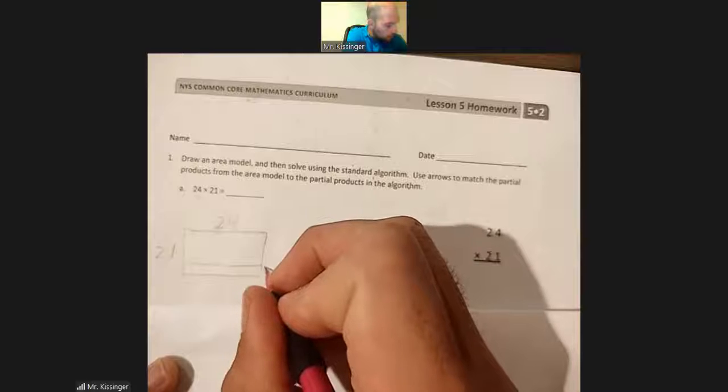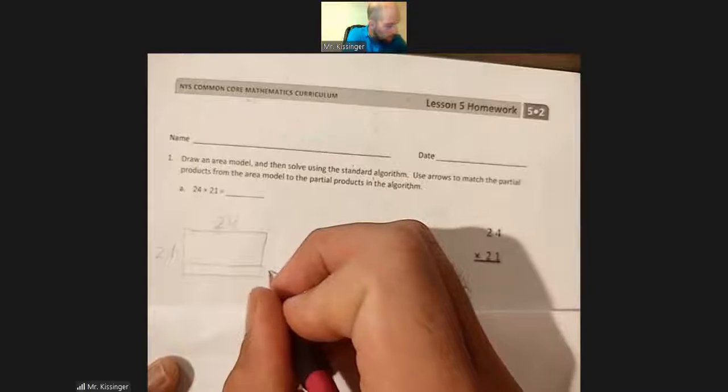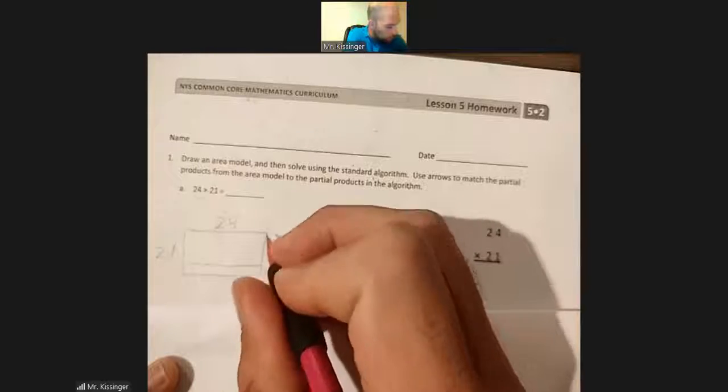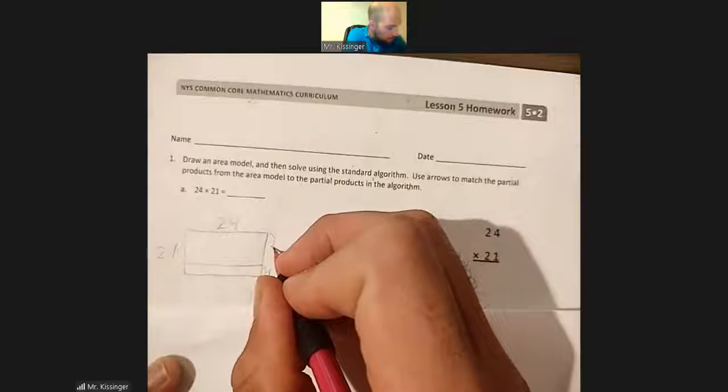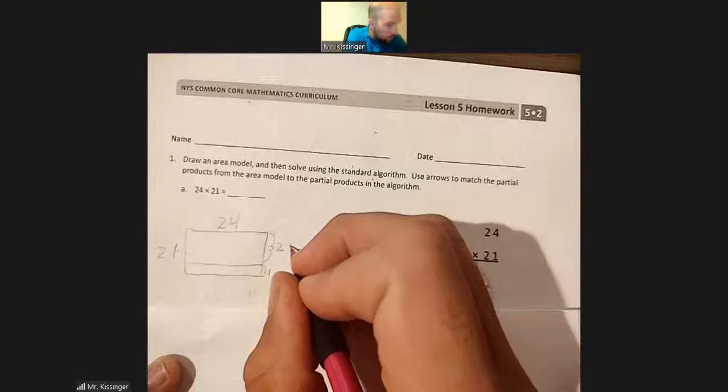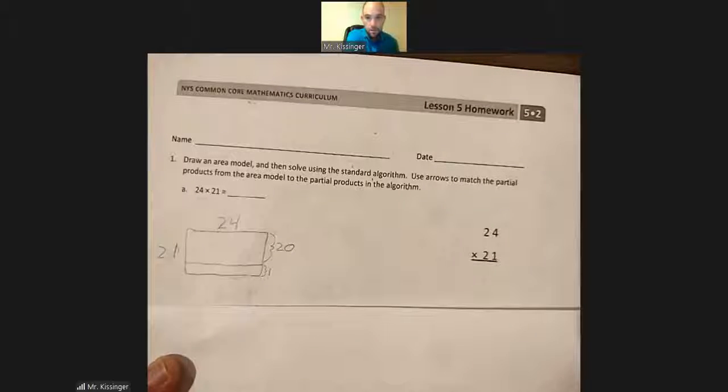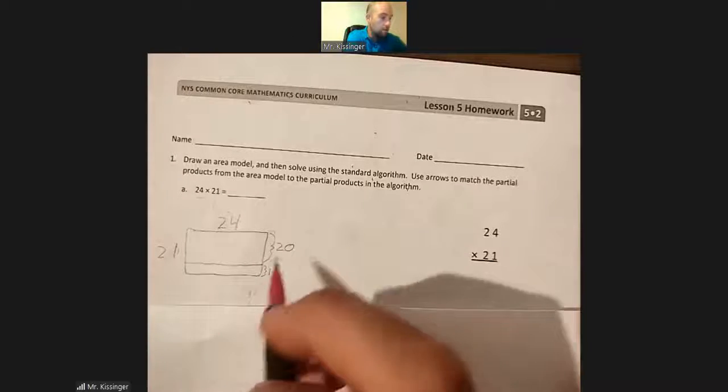I'll make a smaller rectangle here. This right here is 1, and this here is 20. So now we have a rectangle that is 24 by 20, and we have one that's 24 by 1.